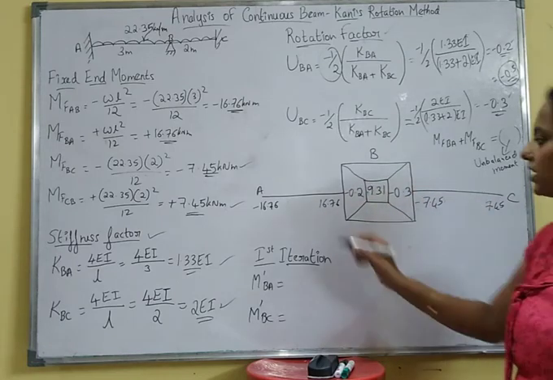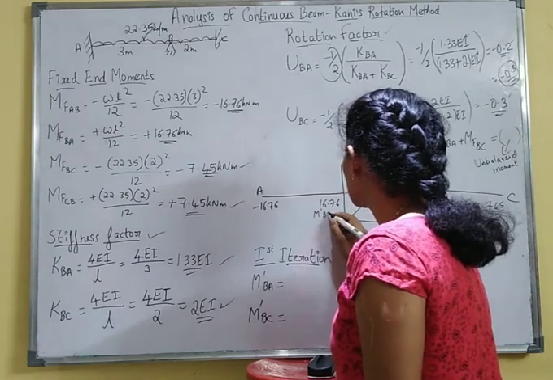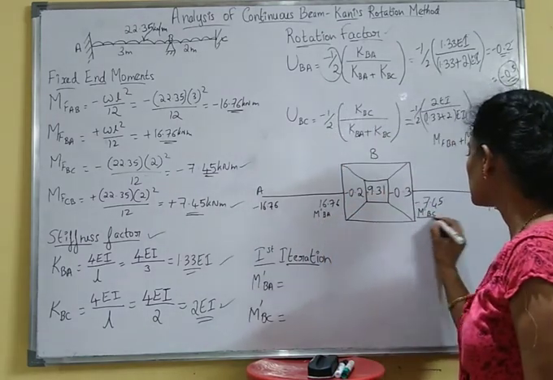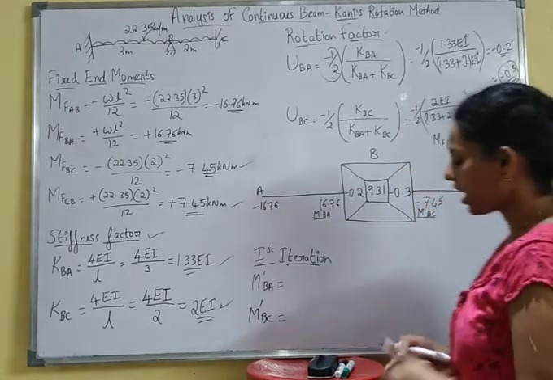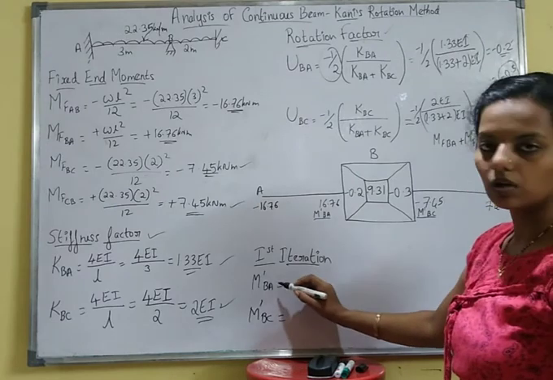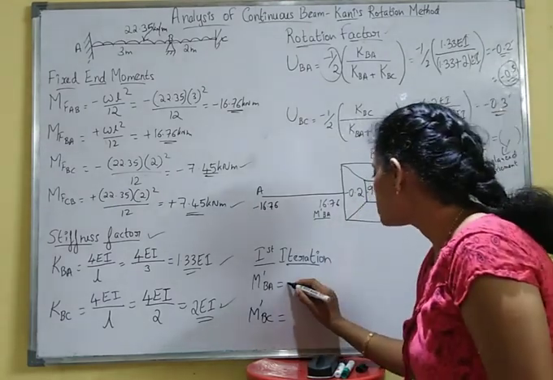Okay. Once this is done, now we have to find M dash BA and M dash BC. For that you have an iteration step. To calculate M dash BA, multiply the rotation factor into the unbalanced moment plus the moment of the far end.